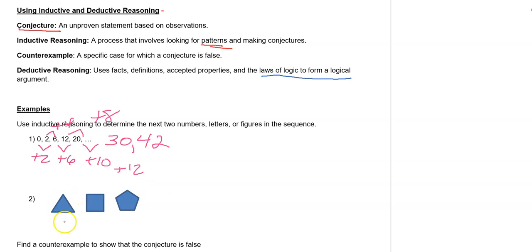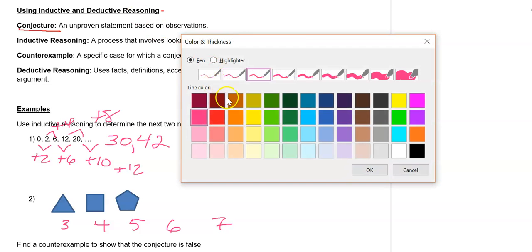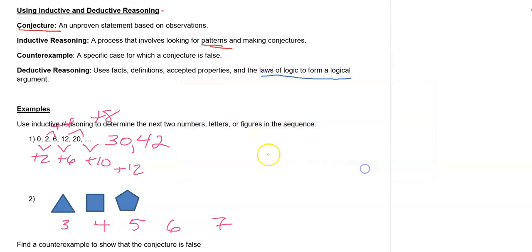All right, and I have 3 sides, 4 sides, 5 sides. Well, I better have 6 sides and 7 sides. So please excuse my polygon drawing. It may or may not be up to the standards that you would like. But if I have 6 sides, I'm going to have a hexagon.